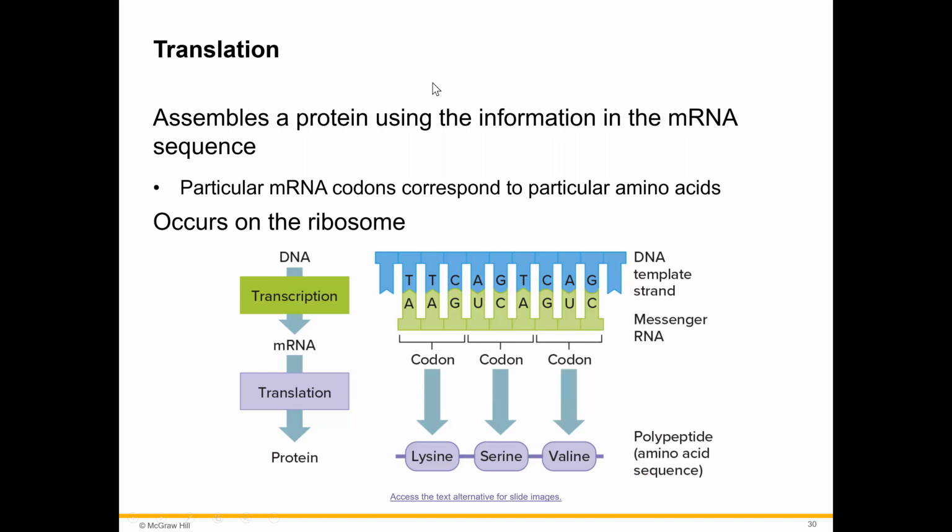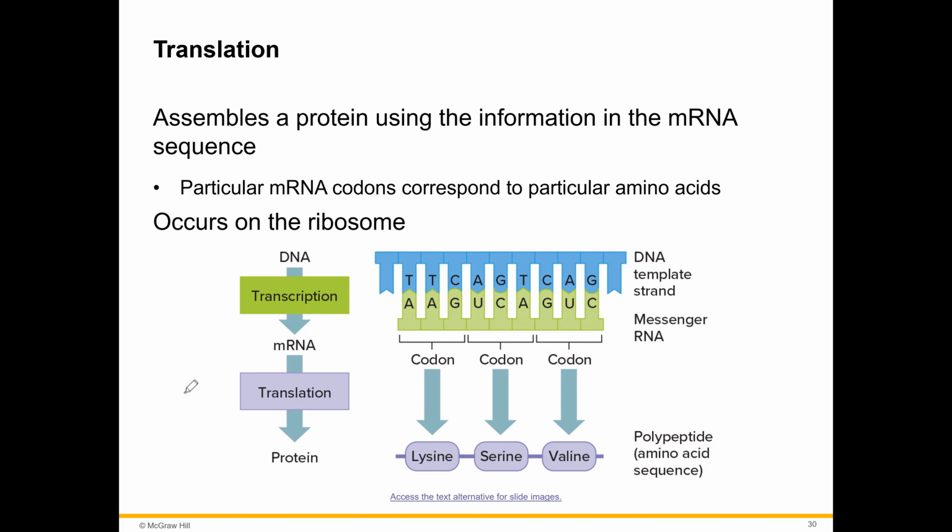Now, what is translation? We just described transcription. Transcription is the process of making a transcript in the form of messenger RNA from DNA. We take a gene or part of DNA and we make a copy of it. We call it messenger RNA. That's transcription.